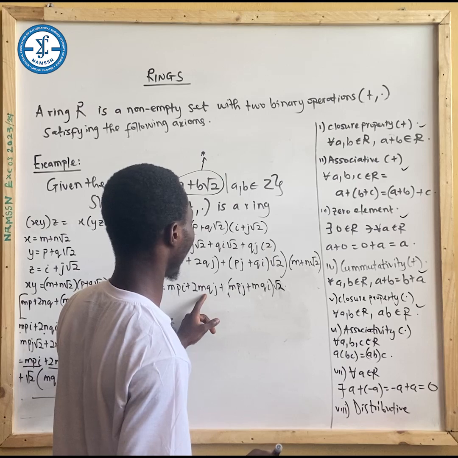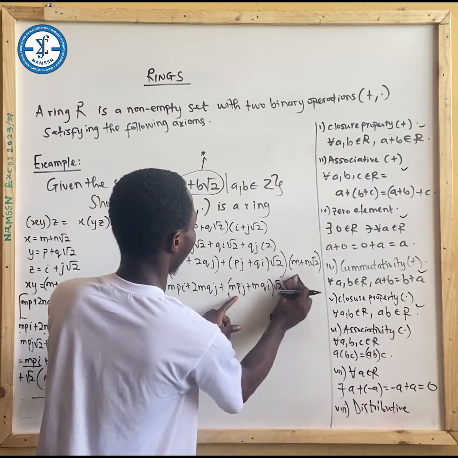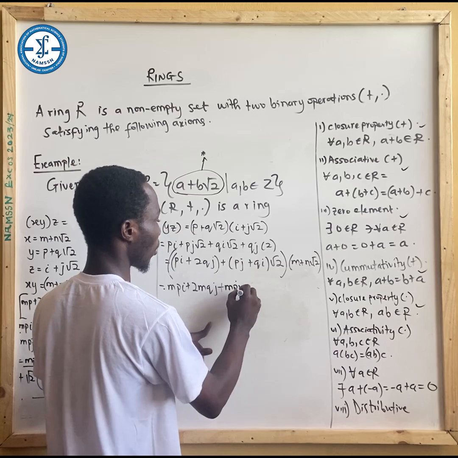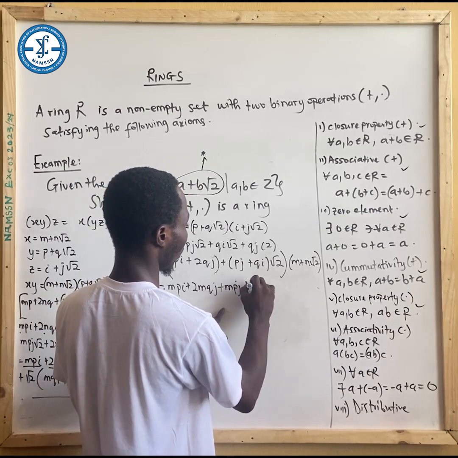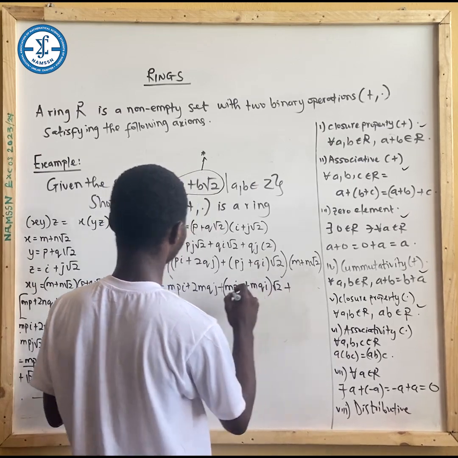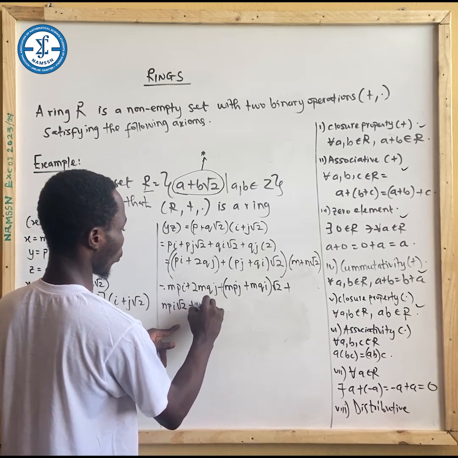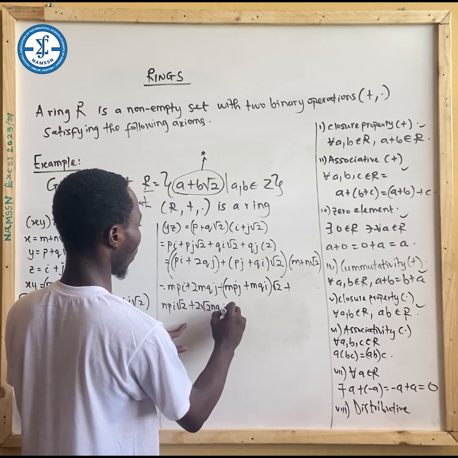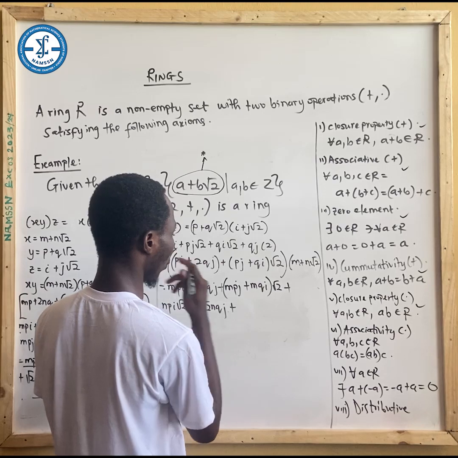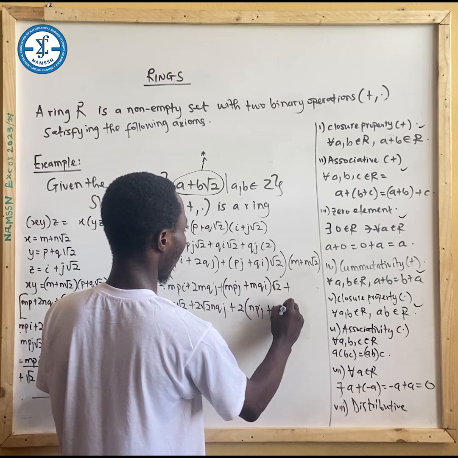MPI, 2MQJ, MPJ, so mistake, plus MPJ plus MQI all into 2, plus MPI root 2 plus 2 root 2 NQJ plus this root 2 times root 2 will give me 2. Then n times this will be NPJ plus NQI.